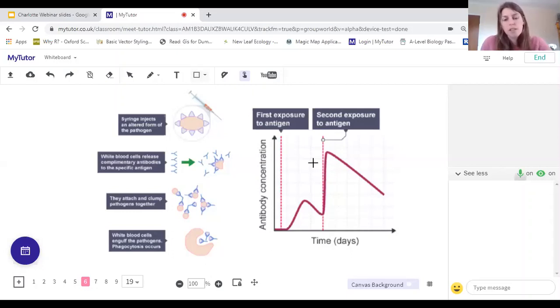That means your immune response is a lot quicker, and then it gradually slows down as it combats the disease. So this is the key part of vaccination. Vaccination means that if we do ever catch the disease, our immune system remembers it and responds quickly and it gets us well quickly. So the pathogen doesn't have time to act too much before our immune system has got on top of it, so we don't show as many symptoms.